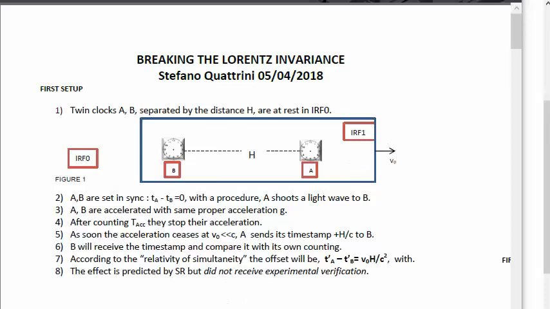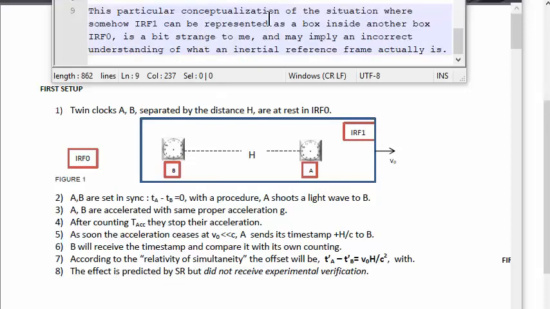So just to say that this particular conceptualization of the situation, where somehow inertial reference frame 1 can be represented as a box inside another box, inertial reference frame 0, it's a bit strange to me and may imply an incorrect understanding of what an inertial reference frame actually is.